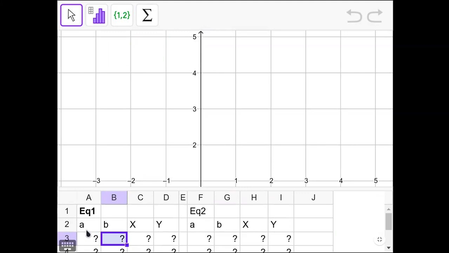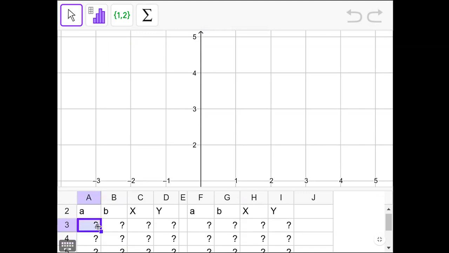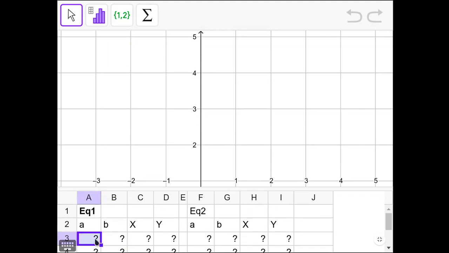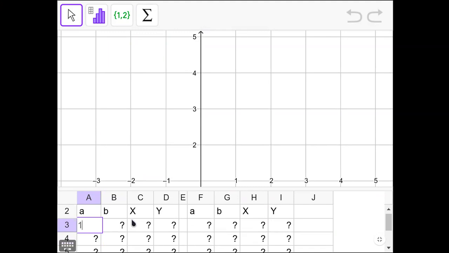So you can enter the values of A, B. For example, suppose I go with 1 and 2. Suppose at which value I want to get. So it finds and it produces a point on this one. Similarly, you can have the second equation. Suppose I have 1, minus 1, x value.